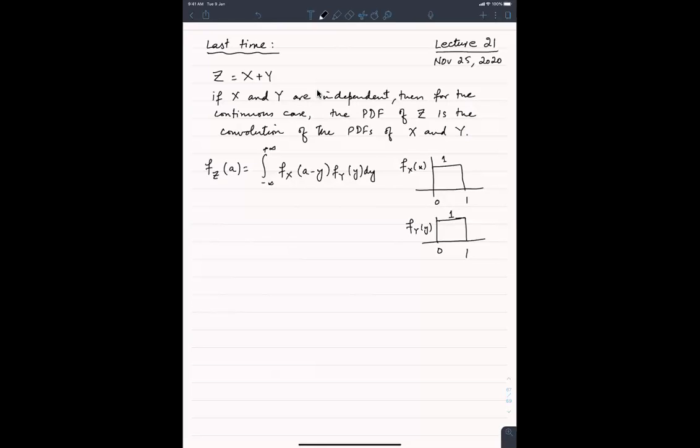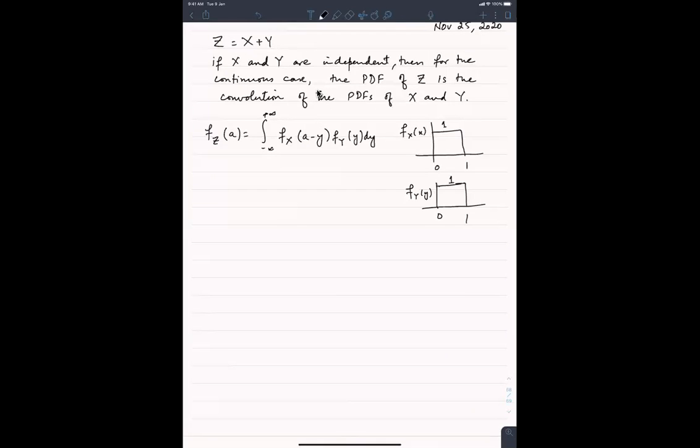So this is the expression. Last time we solved this expression by using the PDF of x and y, and it turned out that the PDF of z looks something like this: from -1 to 2, with a peak at +1. This was the PDF of z.